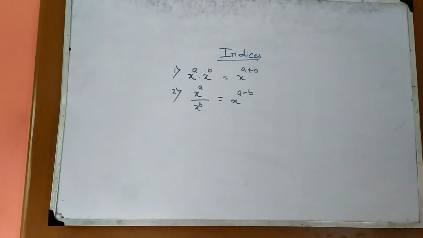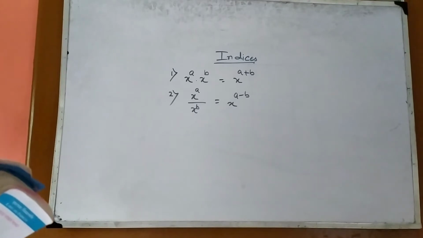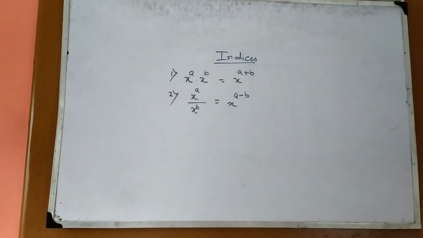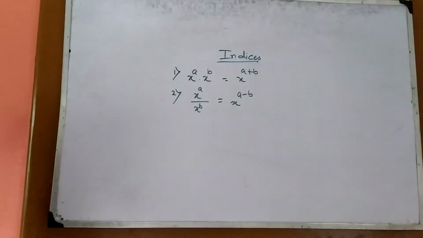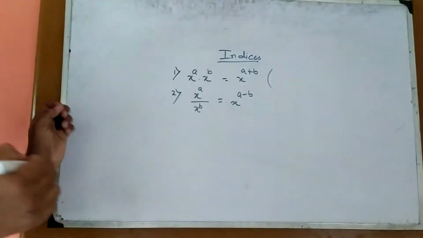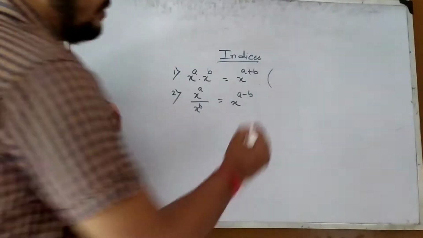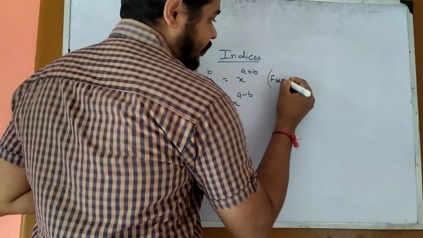So we can write x to the power a minus b. Clear? And the first formula is called the fundamental law of indices.